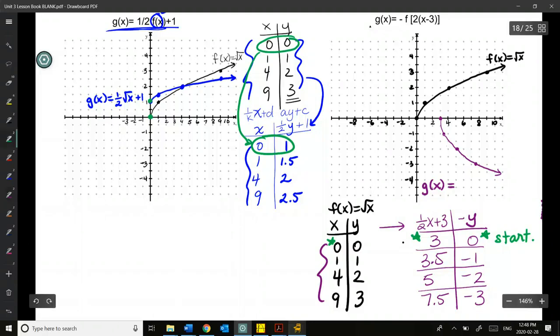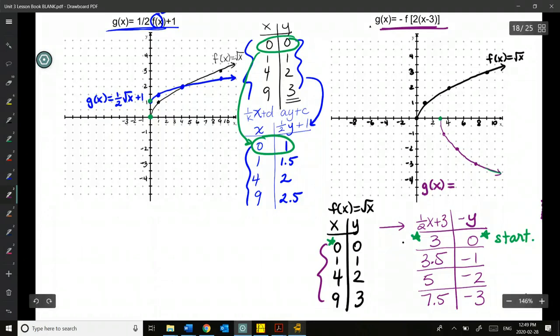Okay, notice my green point here. It's at 0, 3. I'm making sure that there's no arrow that goes off of that end. It only goes off the opposite end. So over here, we can continue forever toward infinity. So what does the label look like on the equation here? So how do I combine this with root x?